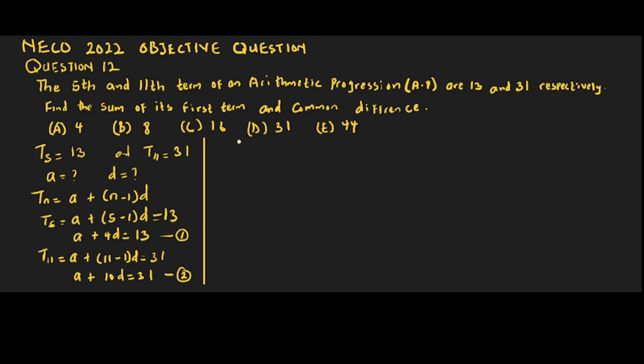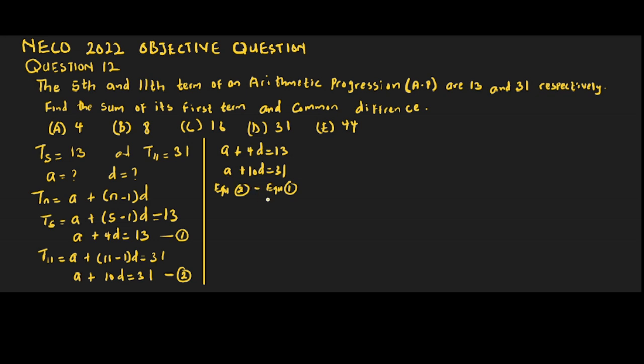So we have A plus 4D equals 13. Then we have A plus 10D equals 31. We solve these two simultaneously. In solving this, what we'll do is take equation 2 minus equation 1.